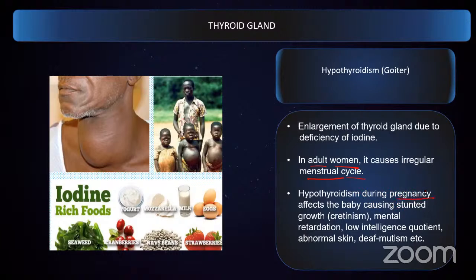During pregnancy it might affect the fetus. For example, the baby will start showing stunted growth, mental retardation, low intelligence quotient, abnormal skin, deaf mutism. All these abnormalities a baby can develop if the woman has hypothyroidism during her pregnancy.